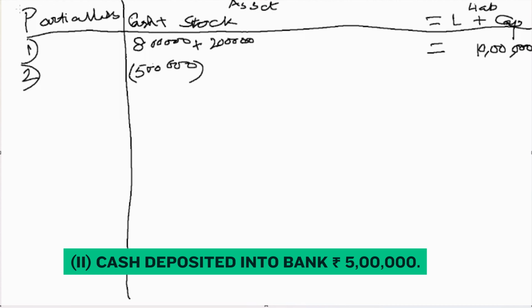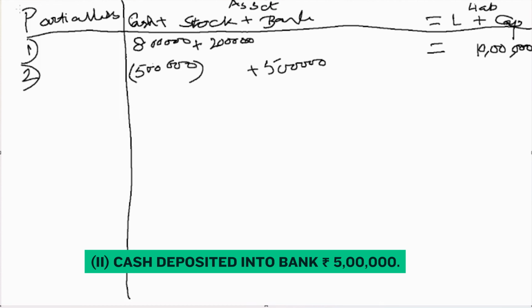Since the cash is going and getting deposited in the bank, we will have to make another asset column over here, and that will be bank. Now in bank we are going to add 5 lakhs. Therefore, we are seeing that both sides are getting equated. Over here on the liability side, we do not need to write anything. So this is the present scenario we are having.